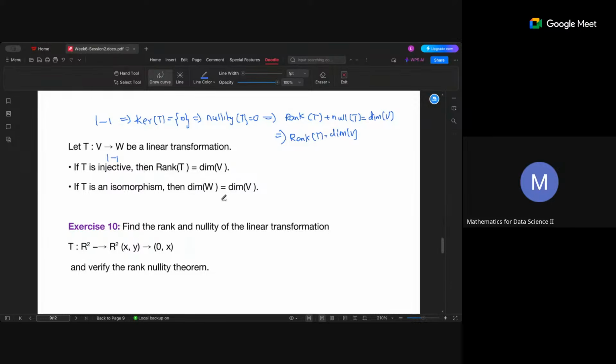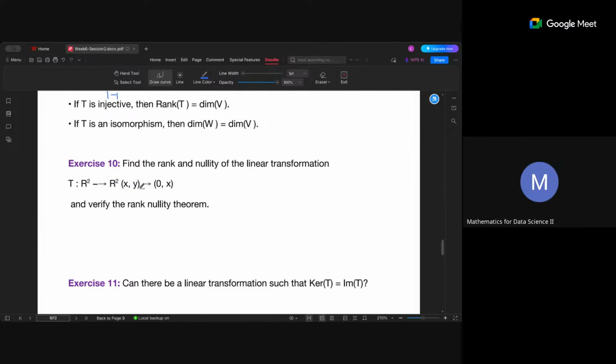Now find the rank and nullity of the linear transformation and verify the rank nullity theorem. This is a very straightforward example. What is the matrix representation for this? Whenever you have such a question, immediately look at the matrix. What is T of (1, 0)? 0, 0.